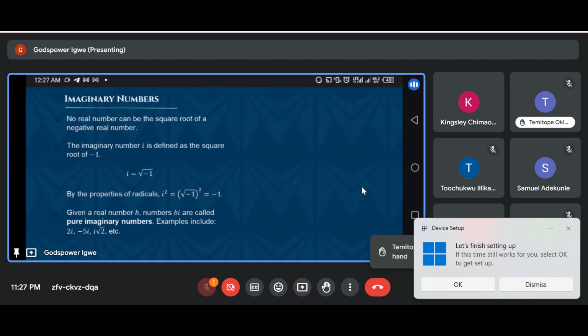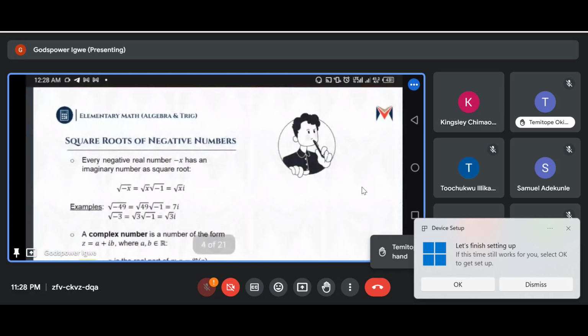Okay, this one, imaginary number. Imaginary number is root minus one, which is i. So root minus one times root minus one gives us minus one, because the square of root minus one is minus one. Then minus one times minus one gives us one, and that will be i raised to power four.